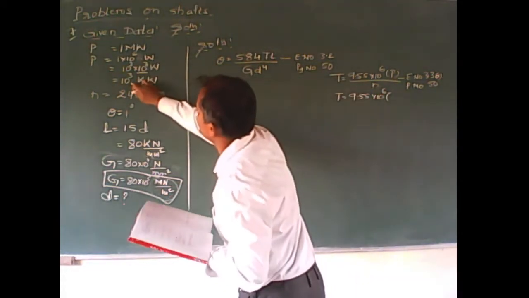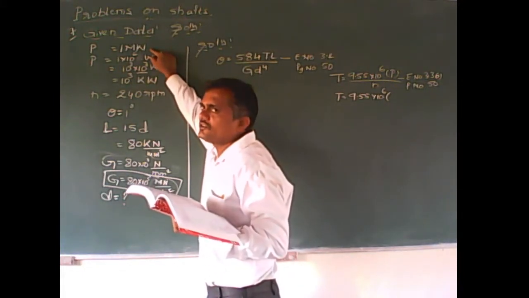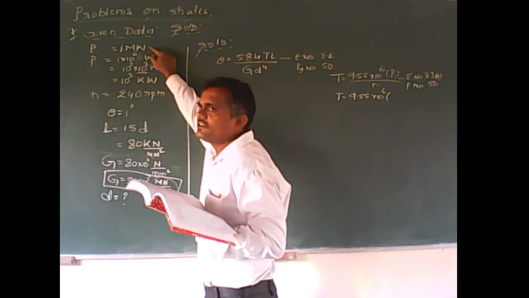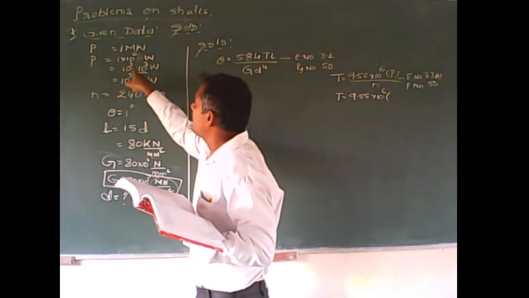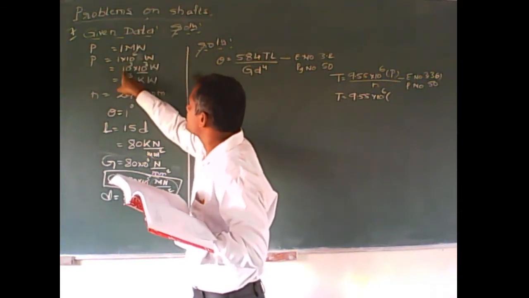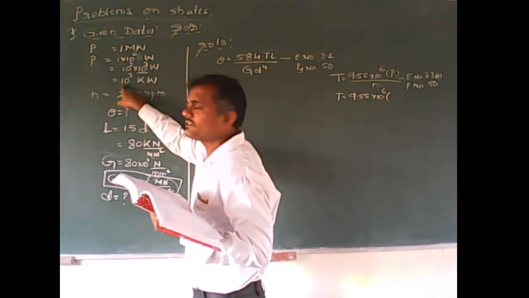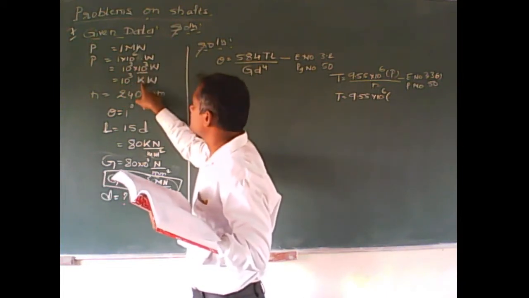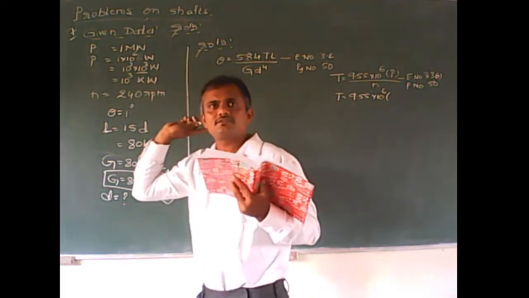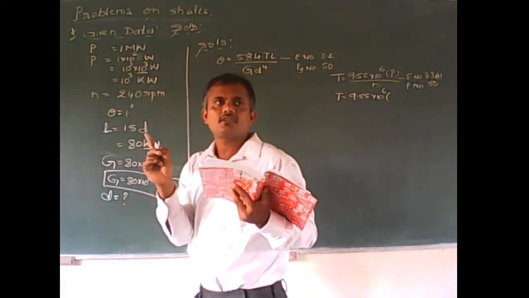What is the value of P? P is given in terms of megawatt. So mega means 10 raised to 6. If it is divided into two pieces, 10 raised to 3 and 10 raised to 3 watt, mega is converted into 10 raised to 3, and 10 raised to 3 watt. So 10 raised to 3 I will write as it is, and this 10 raised to 3 becomes a kilo, and watt is as it is. So 1 megawatt is equal to 10 raised to 3 kilowatt. Understood what I am saying?